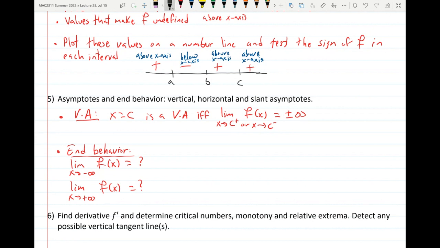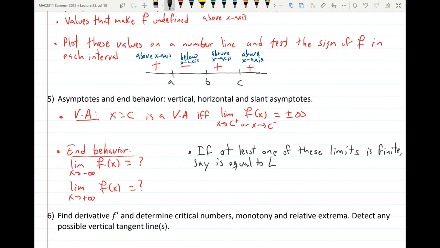Now we know that if at least one of these limits in the end behavior equals a number, so one of these limits is finite, say equal to L, then the line y equals L is a horizontal asymptote.